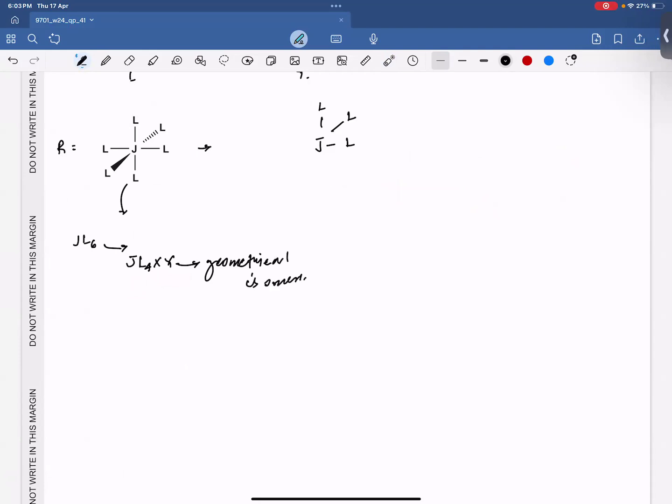All right. So how can I draw the structure? I can draw the structure like this. That's J, L, L, L, L. This is going to be your Y, and this is going to be your X. Okay.